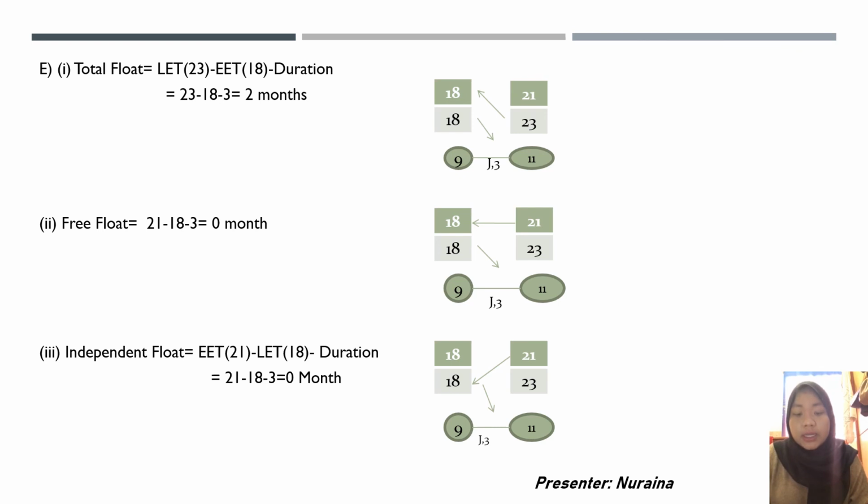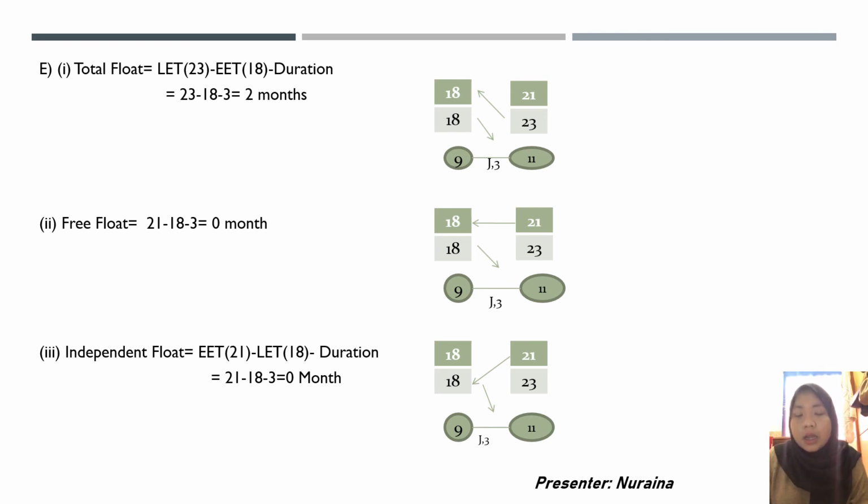Free float is the time available if an activity start time is delayed without making it critical. To settle the free float, we need to do 21 minus 18 minus 3. So we get the answer 0 months.